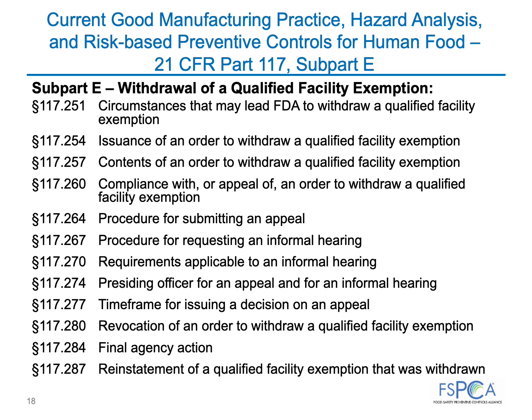FDA may consider withdrawing the qualified facility exemption when a foodborne illness outbreak is directly linked to the qualified facility, or FDA determines it is necessary to protect the public health based on conditions and practices associated with a qualified facility. FDA would only consider pursuing this option in rare circumstances.